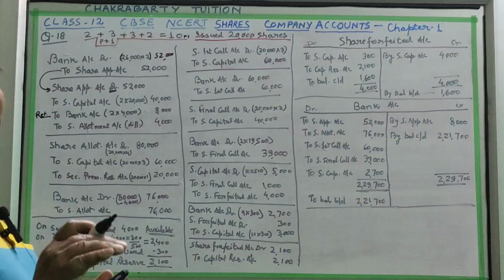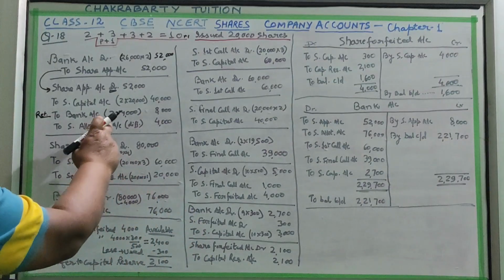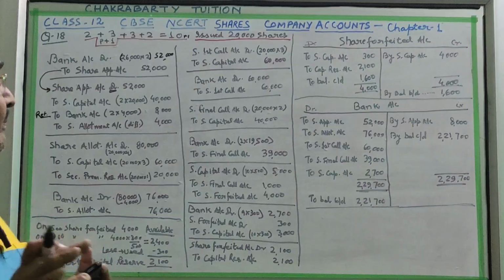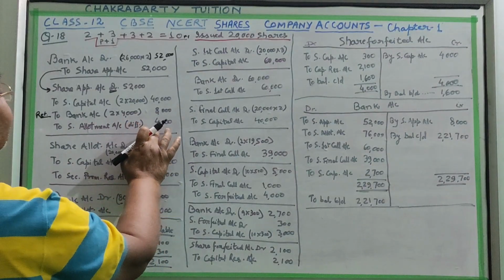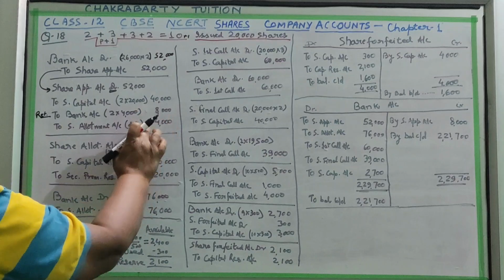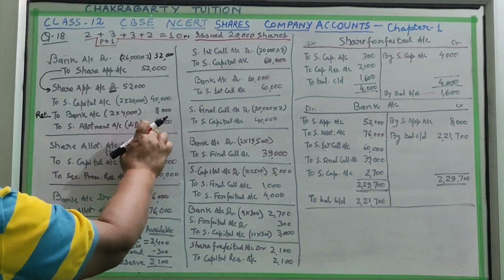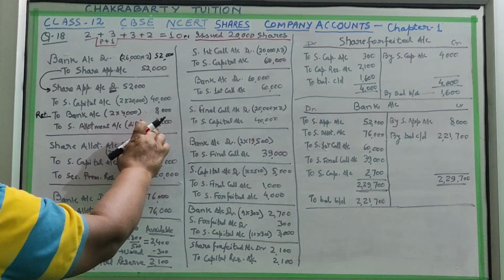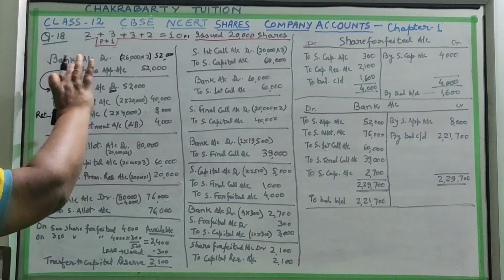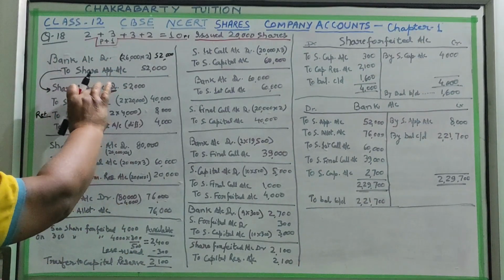In the question, 4,000 shares' money they have retained, and the rest they have used for pro rata allotment. How much amount will remain with them? 52,000 they have received, 40,000 and 8,000 they have used, so the difference is 4,000 that remains with them. So this is your entry, a pair of entries, first received and then applied.